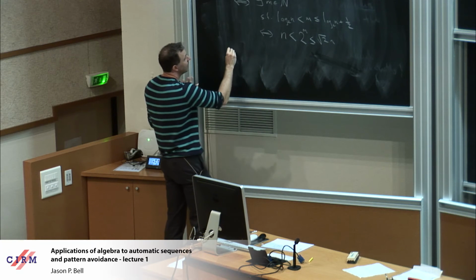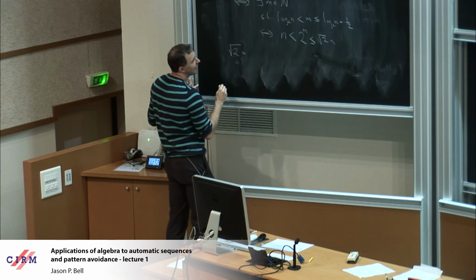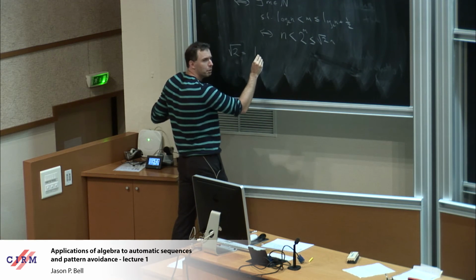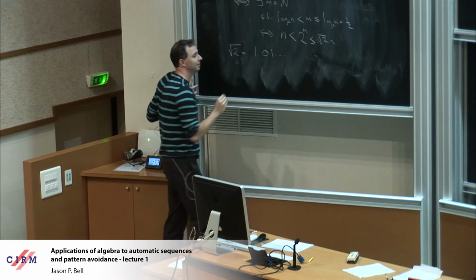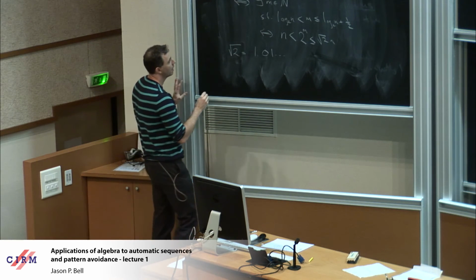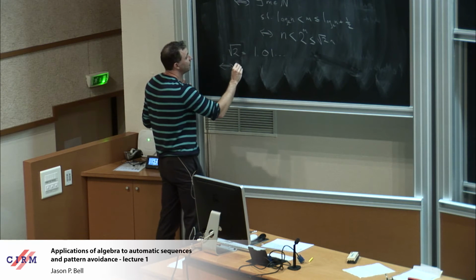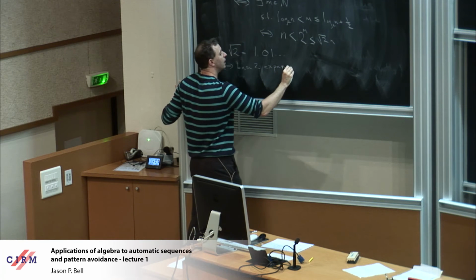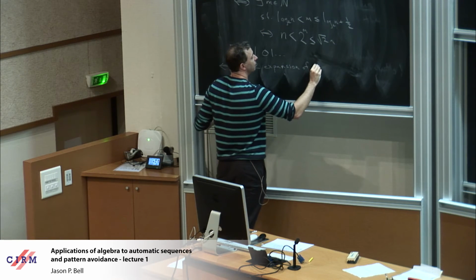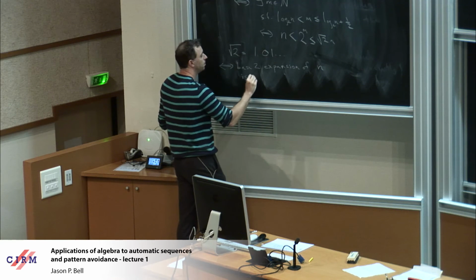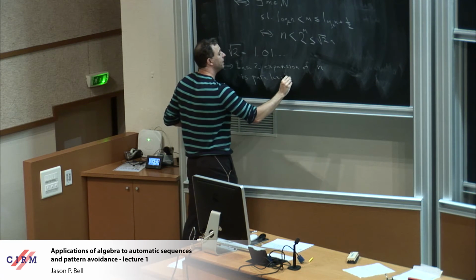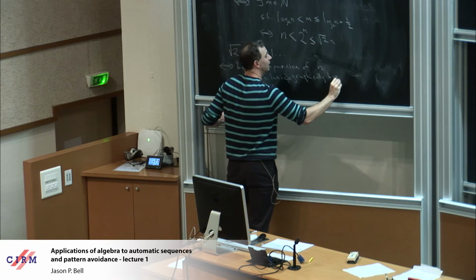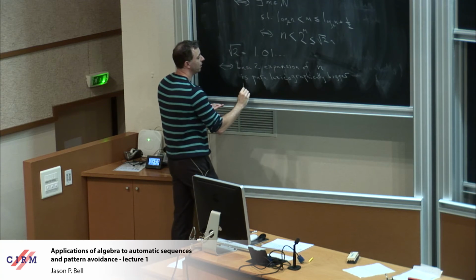And if I think about root 2, it has some binary expansion. I don't know what its binary expansion is, something like this, right? Then what this means is that this holds if and only if the base 2 expansion of n is purely lexicographically bigger than this right infinite word.